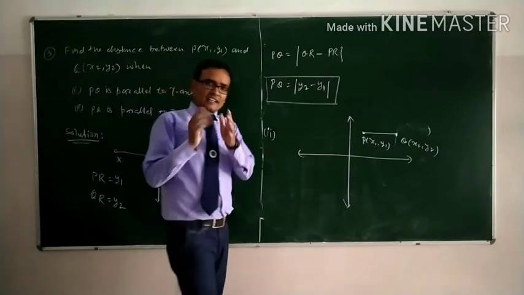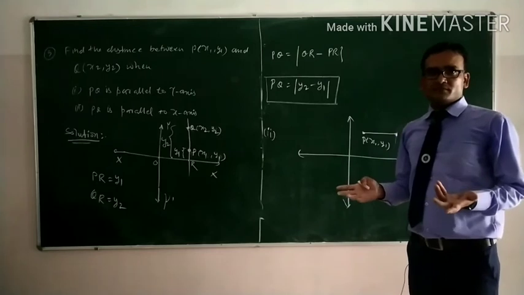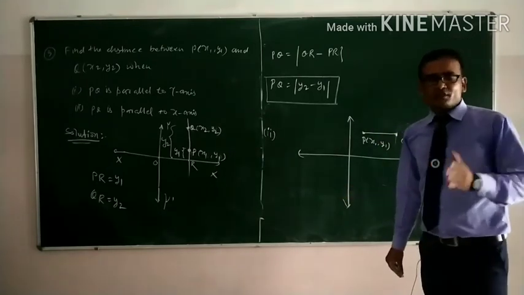Then ordinate of points P and Q are the same, only different in abscissa.